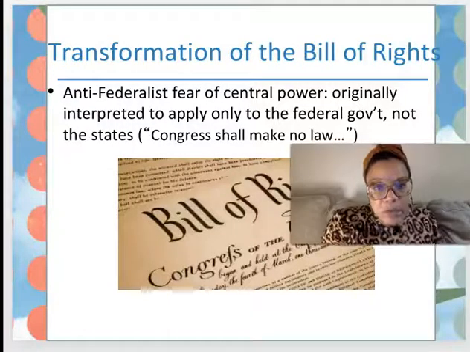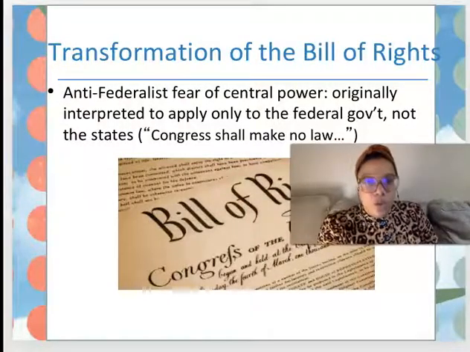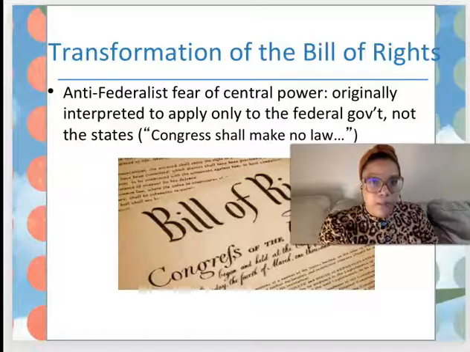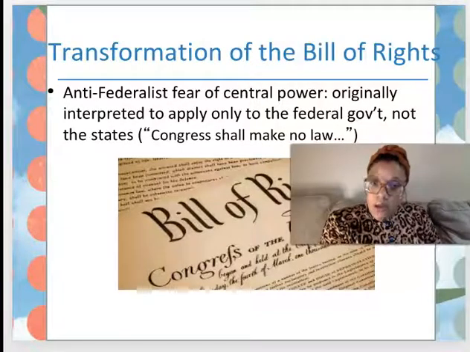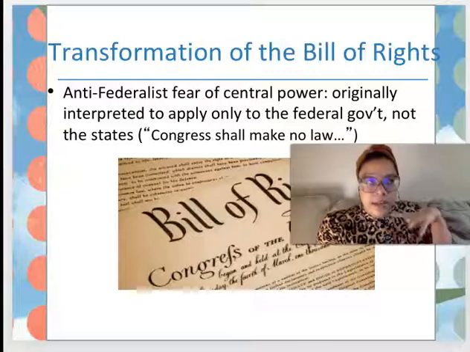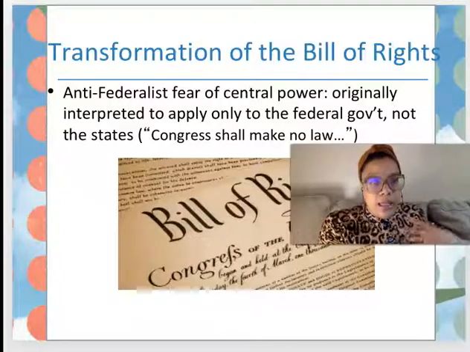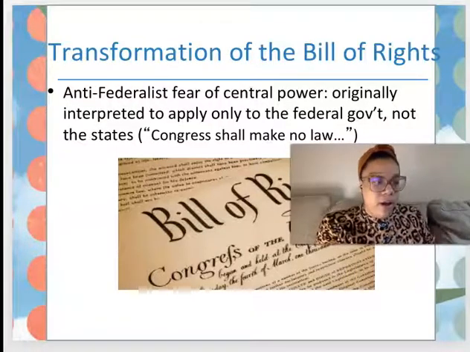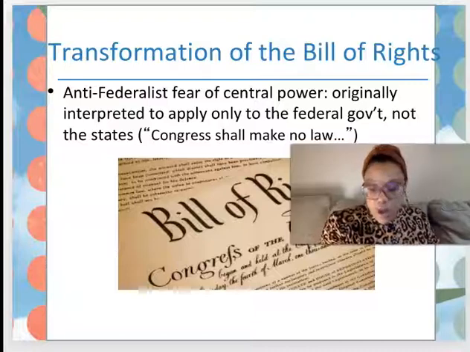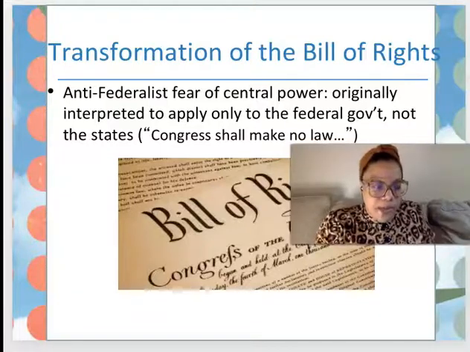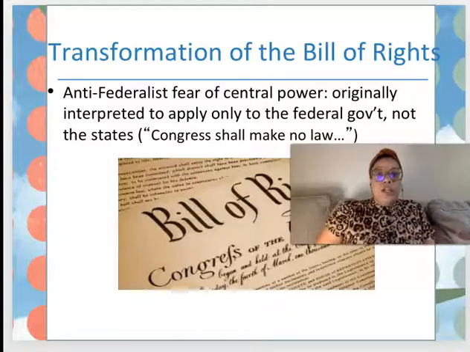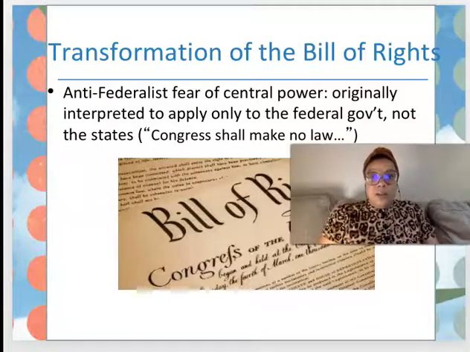So, transformation of the Bill of Rights. If you all recall from, I believe, Module 2, the Anti-Federalists weren't necessarily supportive of the Constitution, but what got them to participate and agree to it was getting the Bill of Rights.